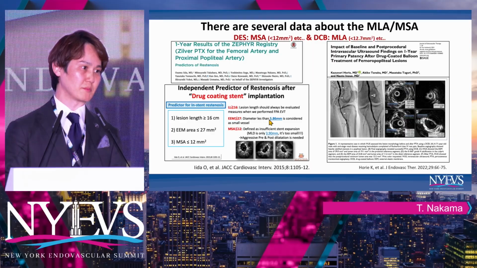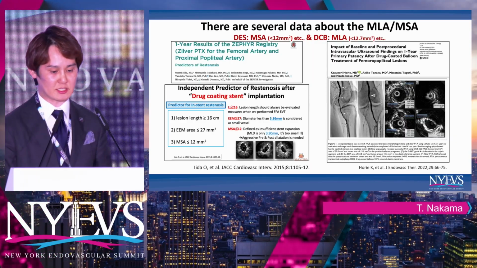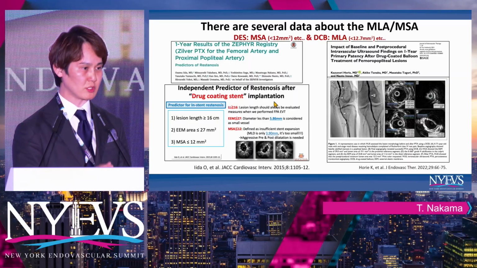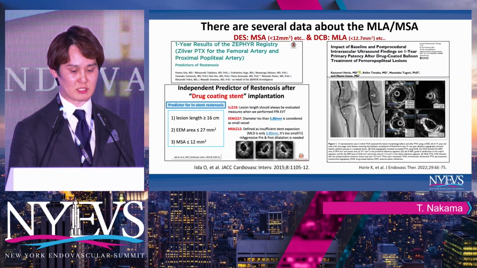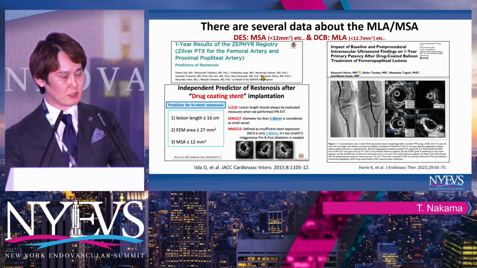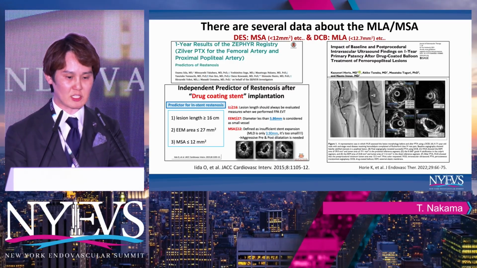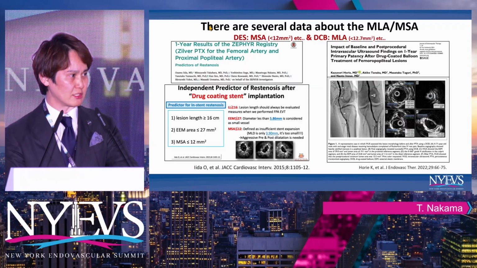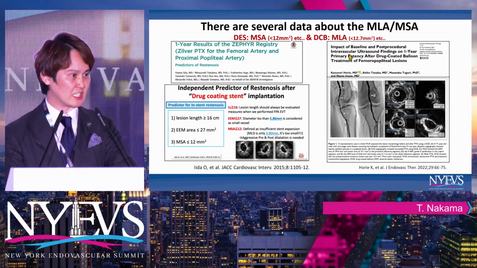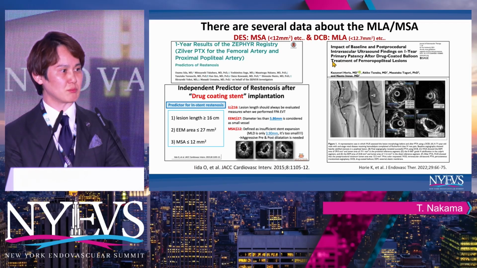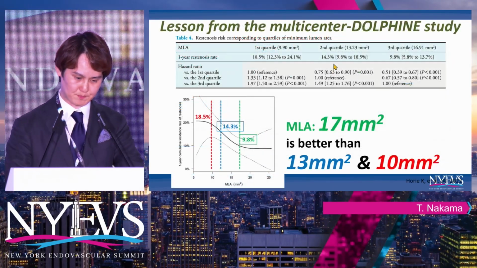However, to get a sufficient luminal area or sufficient stent area is always important, for both the drug-eluting stent strategy and the drug-coated balloon strategy. There are several cutoff values for the DCB strategy and DES strategies. Anyway, achieving around 12 or 13 mm² is very important for both strategies.